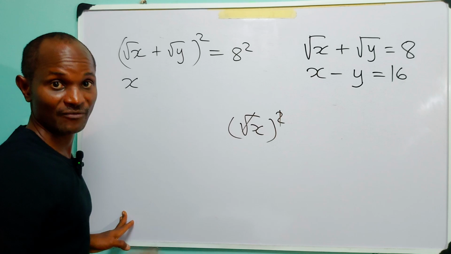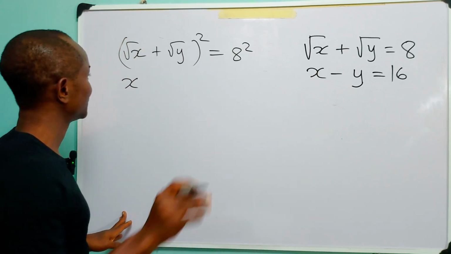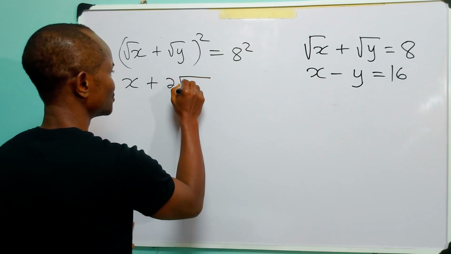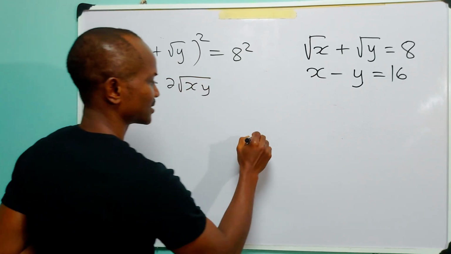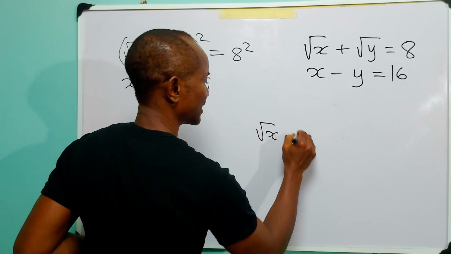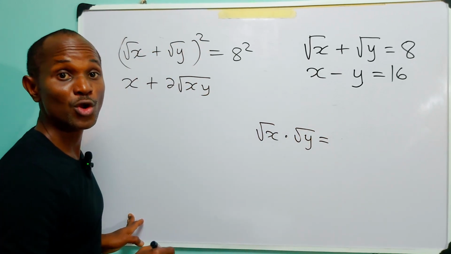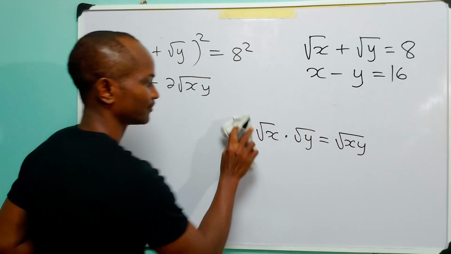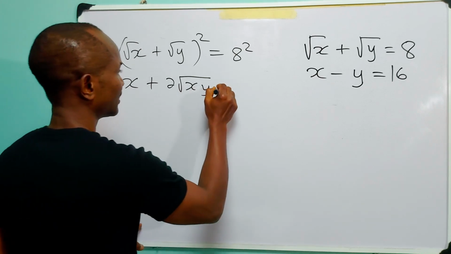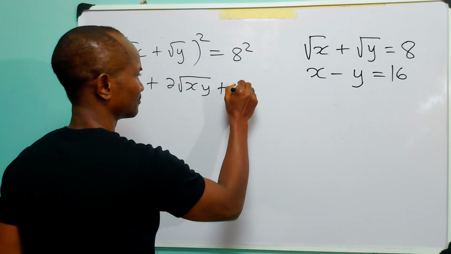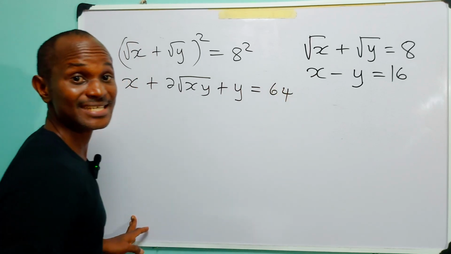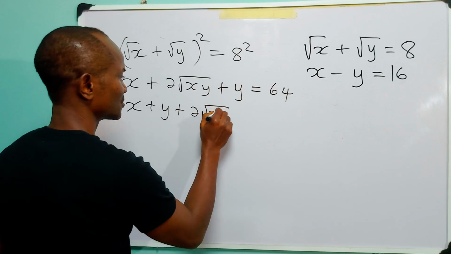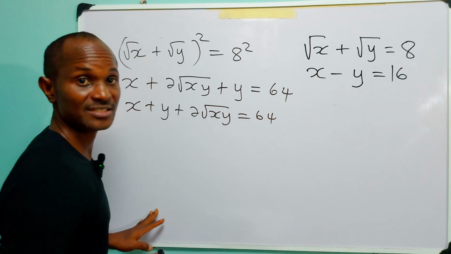Plus 2 times root x times root y, and that is 2 root xy, because from our rule of surds, root x multiplied by root y is equal to root xy. And lastly, we have root y squared, and that is equal to y. This is equal to 64. So we have x plus y plus 2 root xy is equal to 64.